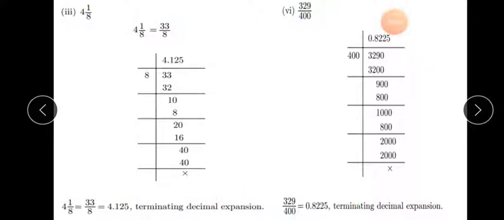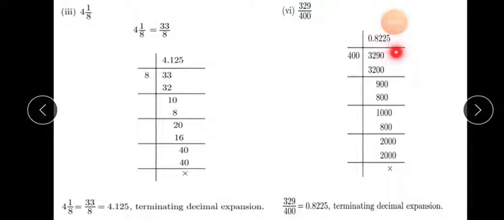Let us see one more question. Question number 6. 329 by 400. That means we are going to divide 329 by the number 400. If you divide in this manner, you will get the answer as 0.8225.